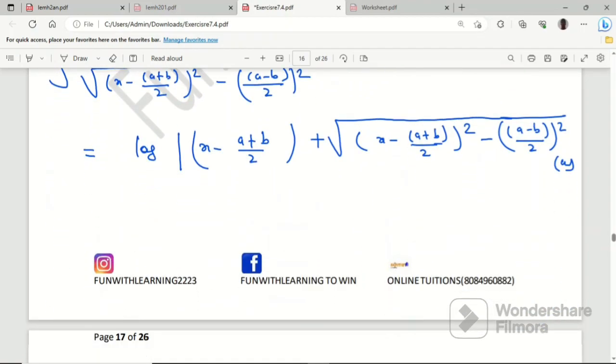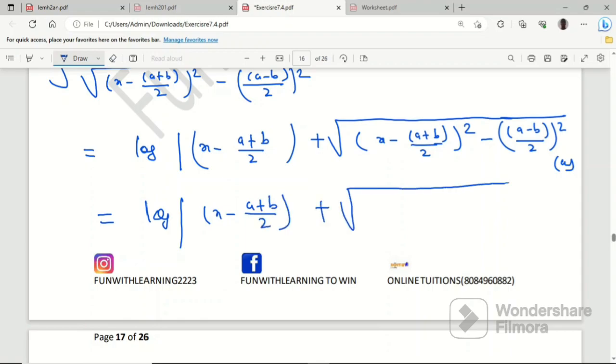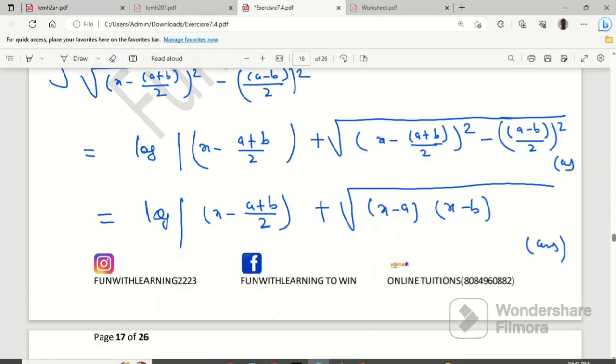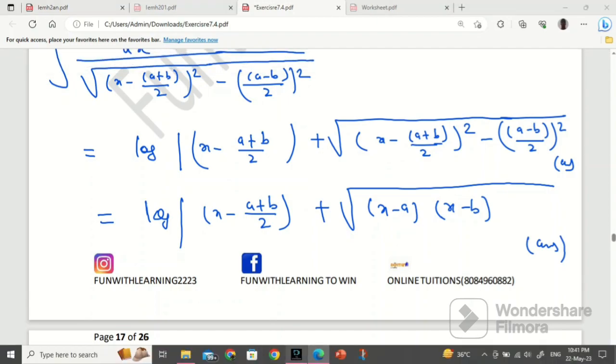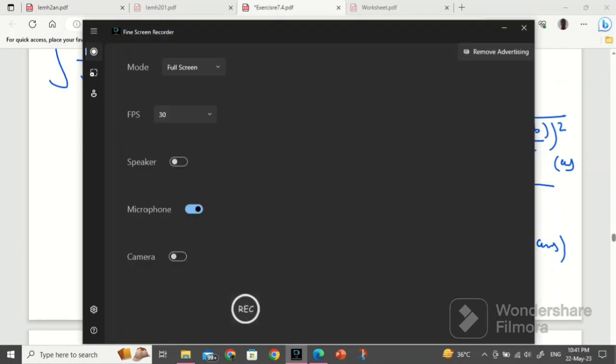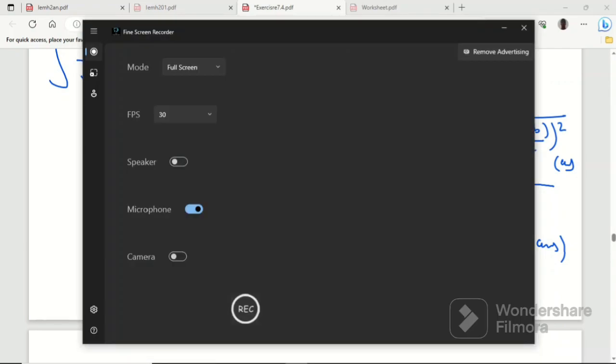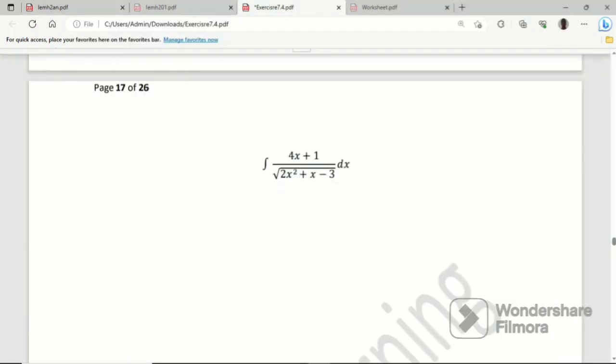So it will give me the answer as log of x minus (a plus b upon 2) plus under root of (x minus a) into (x minus b) as our answer. This is the 16th number.